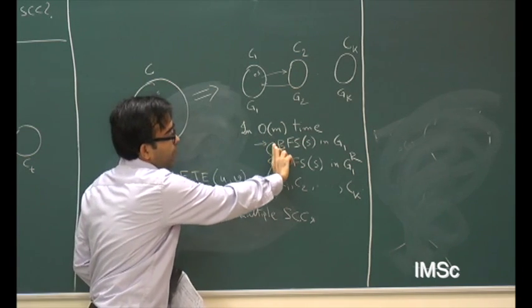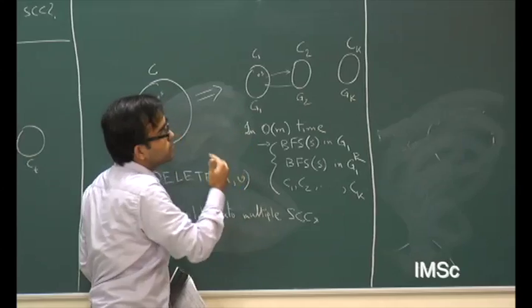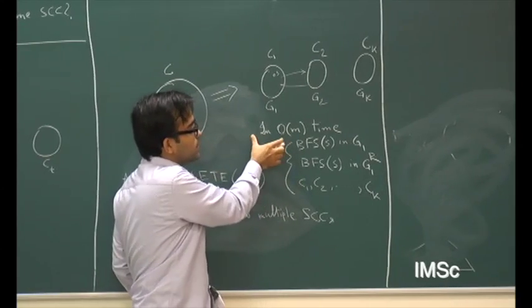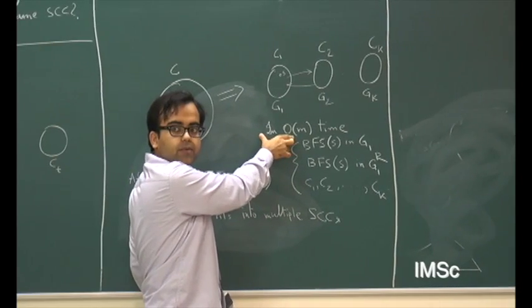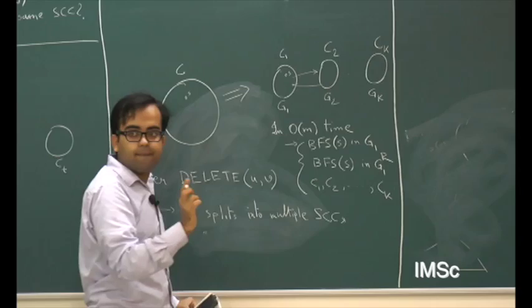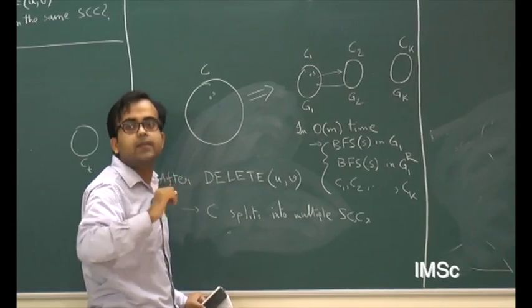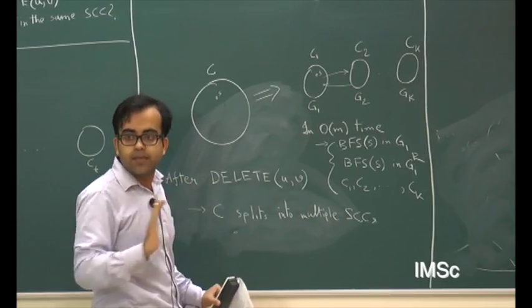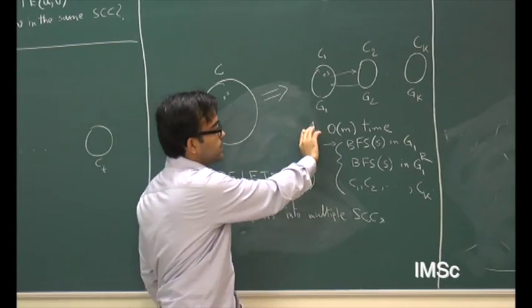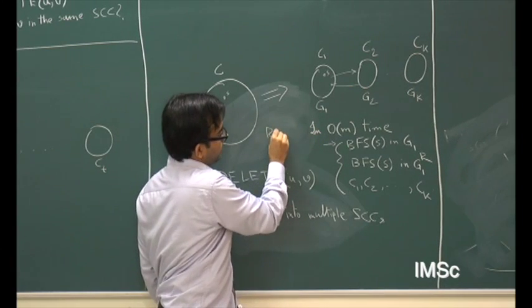So, to recover from these splits, this basic step takes O of mn time. We come to this step only after the guarantee that the SCC splits. Yes. If the SCC stays the same, we don't do anything. Yes. So, let us call this the recover step.